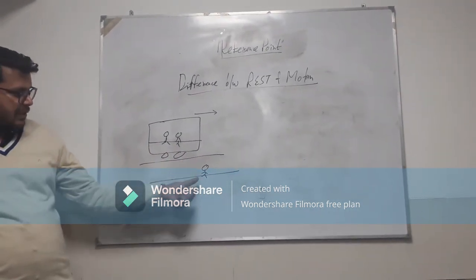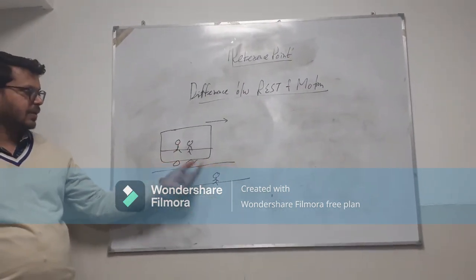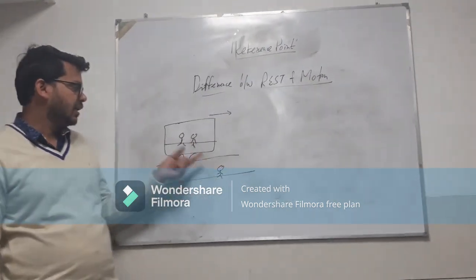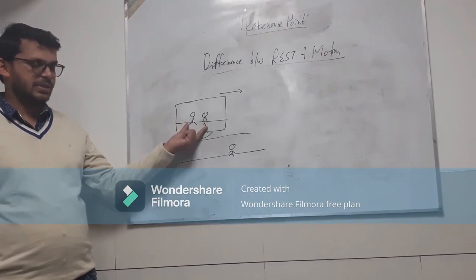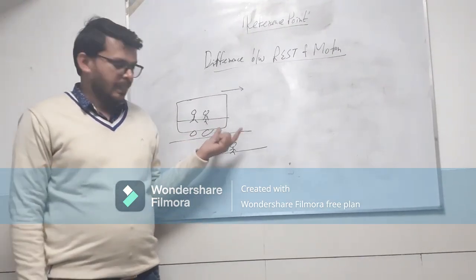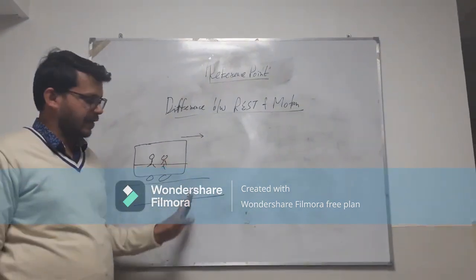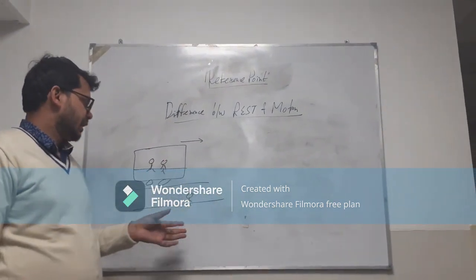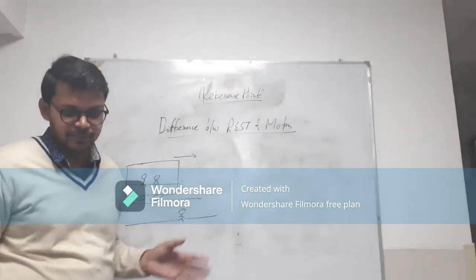But if a person is standing outside on the road and watching that bus, according to that person the bus is moving. According to that person, both persons are in motion. So now you can say, with the change of reference, the rest and motion of the object can be changed.